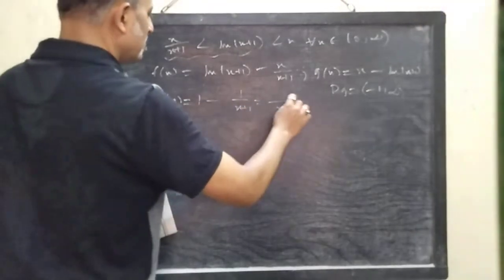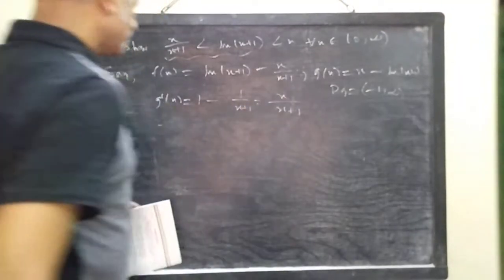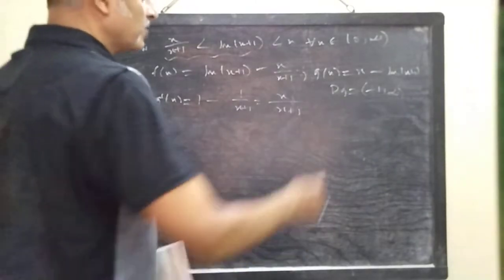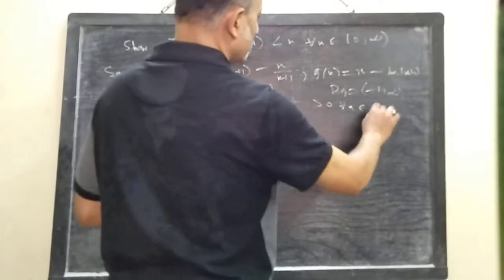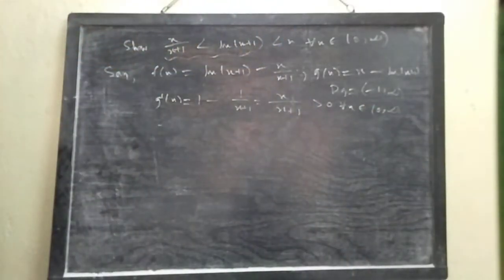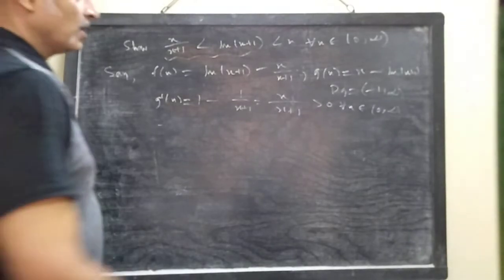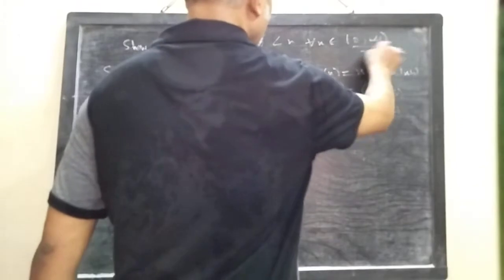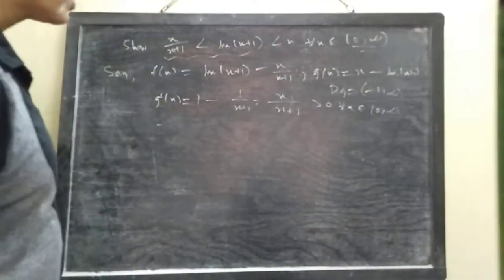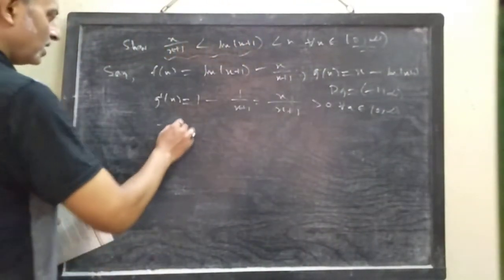Taking the LCM, (x plus 1 minus 1), x by (x plus 1). Look, when x belongs to this interval, this is greater than 0 for all x belongs to open 0 to infinity. Now, g(x) is continuous in this interval.